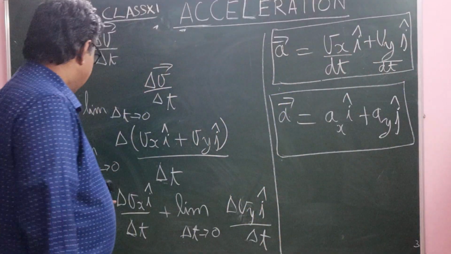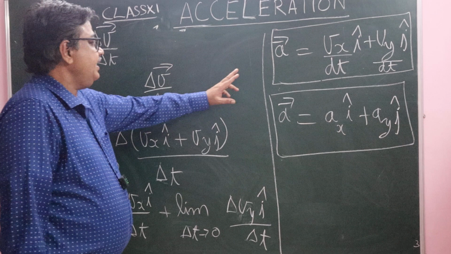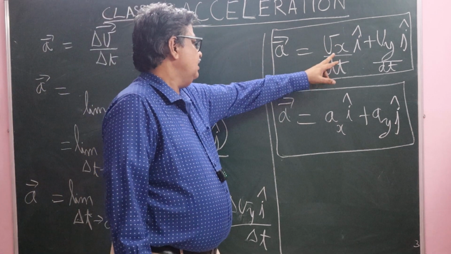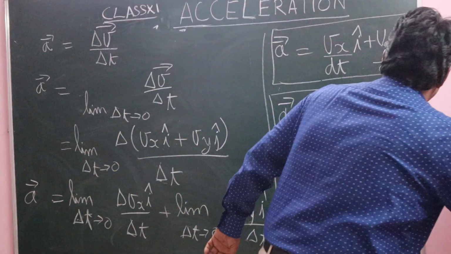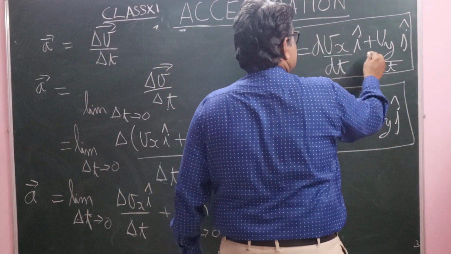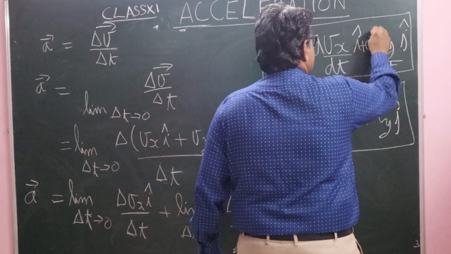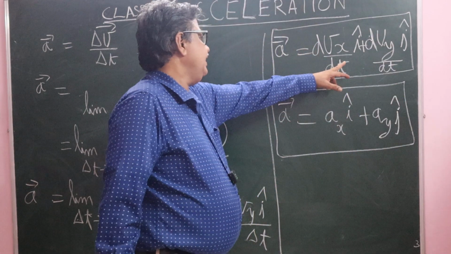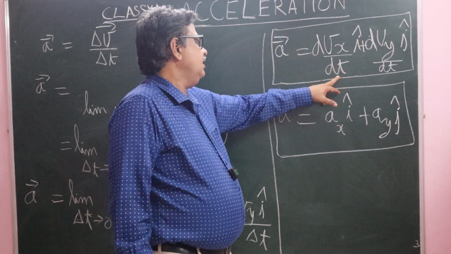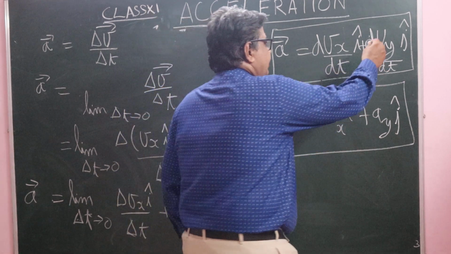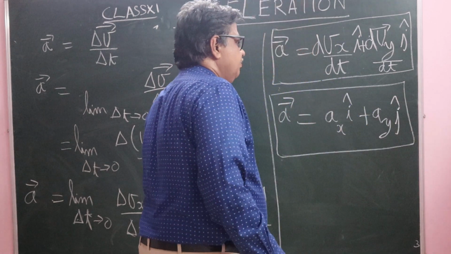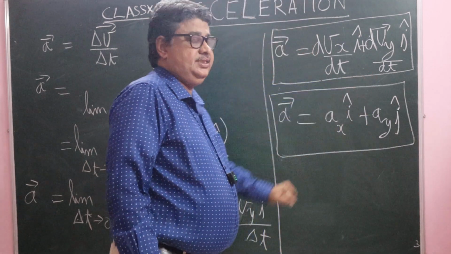So this is del vx by del t, I can write dvx i cap by dt plus dvy j cap by dt.